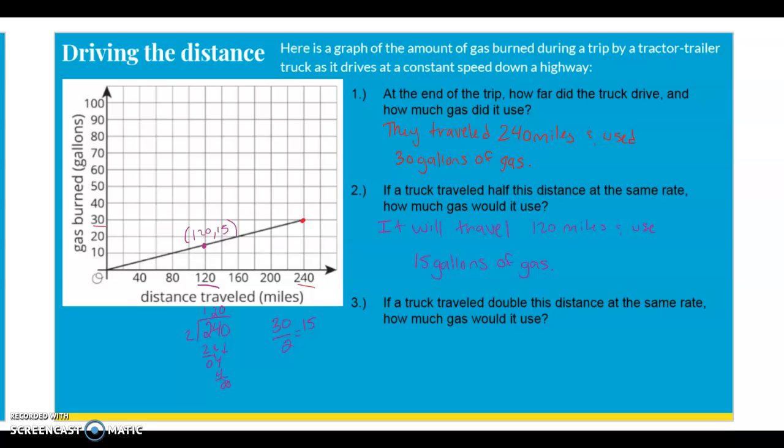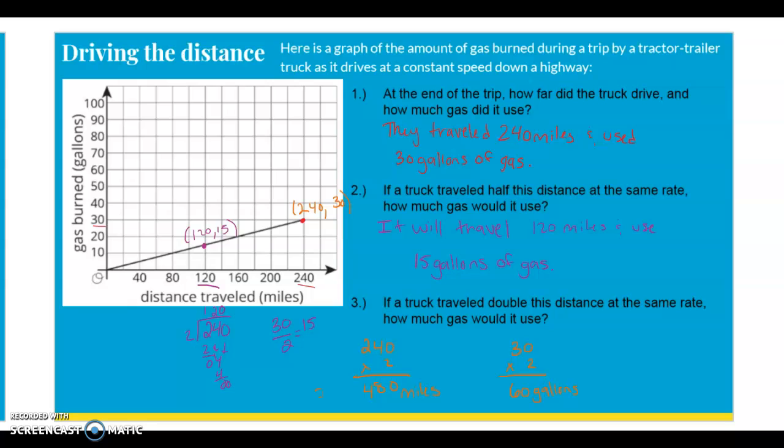Okay. Now it says if a truck traveled double the distance at the same rate, how much gas would it use? So now I'm actually going to double it. What I'm going to do here is take my original 240 and 30 and double it. So 240 times 2 is 480 miles. And the gas, 30 times 2, is 60 gallons.